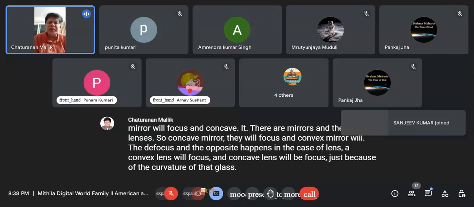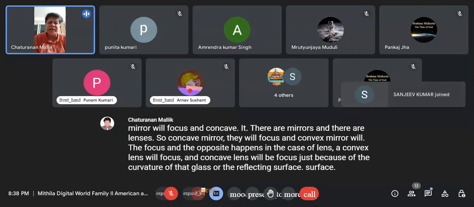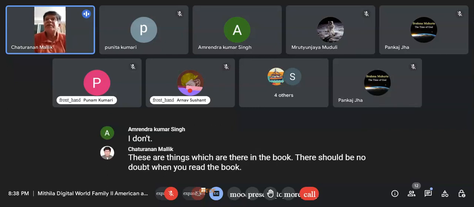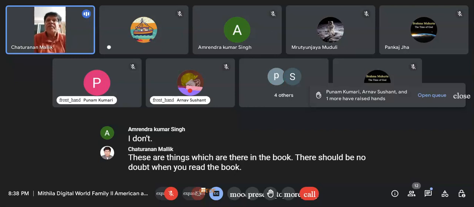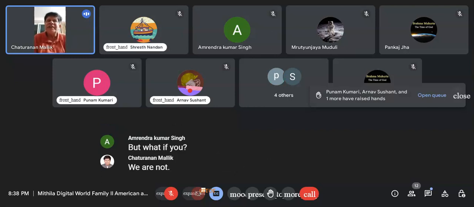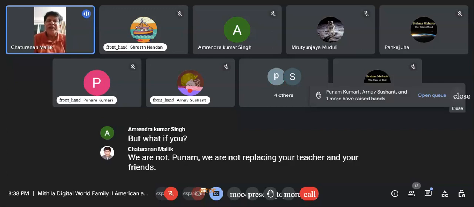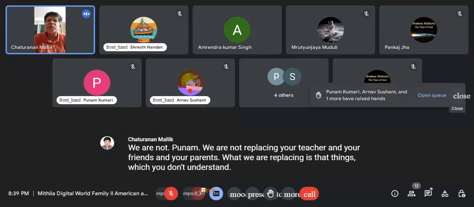These are things which are there in the book. There should be no doubt when you read the book. Where did you get the doubt? See, Poonam, we are not replacing your teacher, your friends and your parents. What we are replacing is the things you don't understand even by reading the book or listening to the teachers.